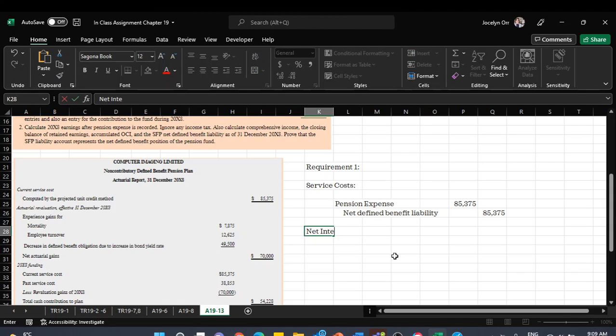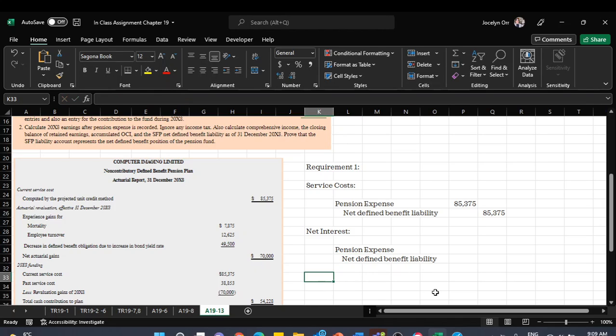The next that we look at is our net interest, and here we are going to have to do some calculations, but we'll start off with our accounts that are going to be used. Again, with net interest, it's going to increase that pension expense, and it is going to increase that net defined benefit liability.